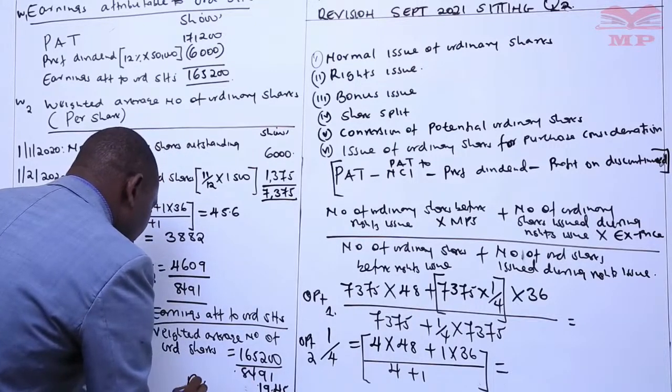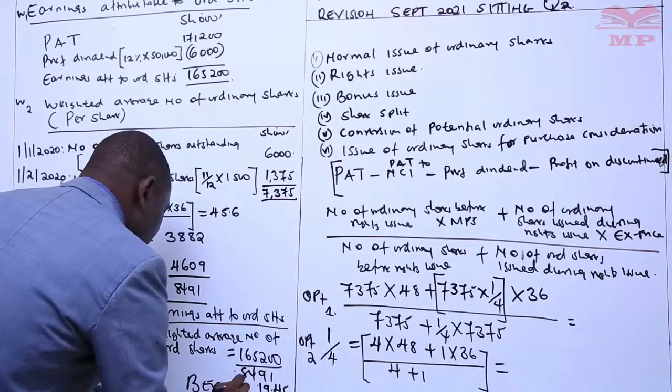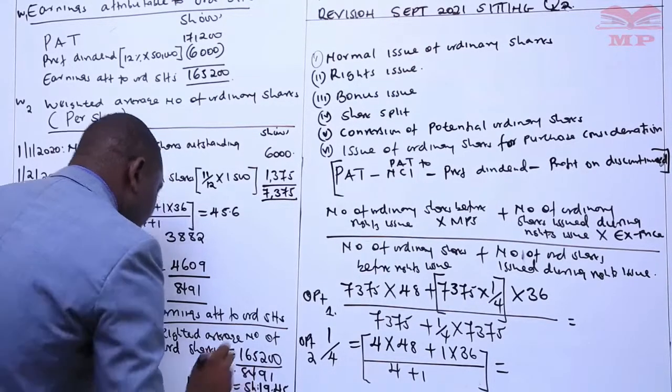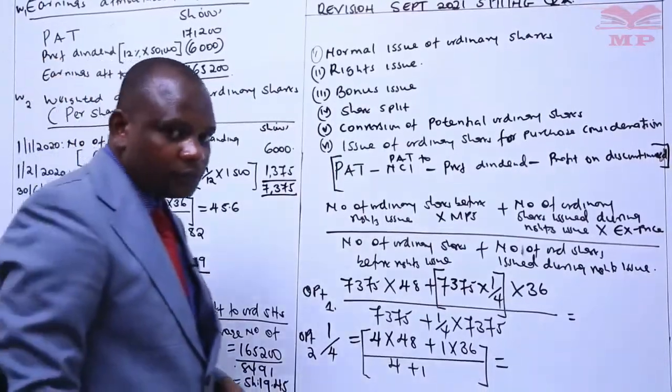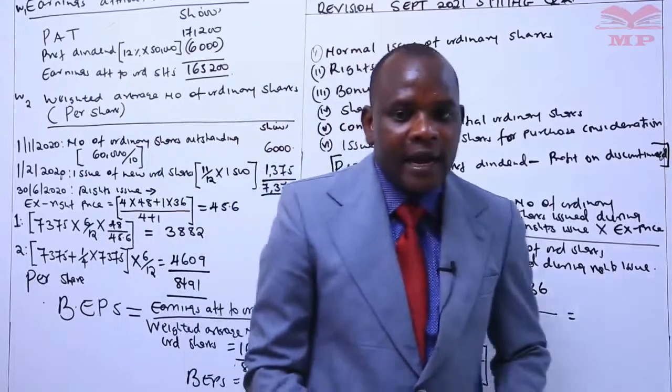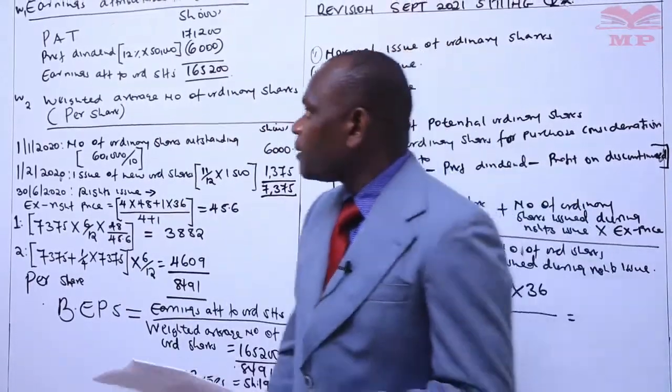So basic EPS is equal to shillings 19.45. That is basic earnings per share. Then Roman 2, this is Roman 1.